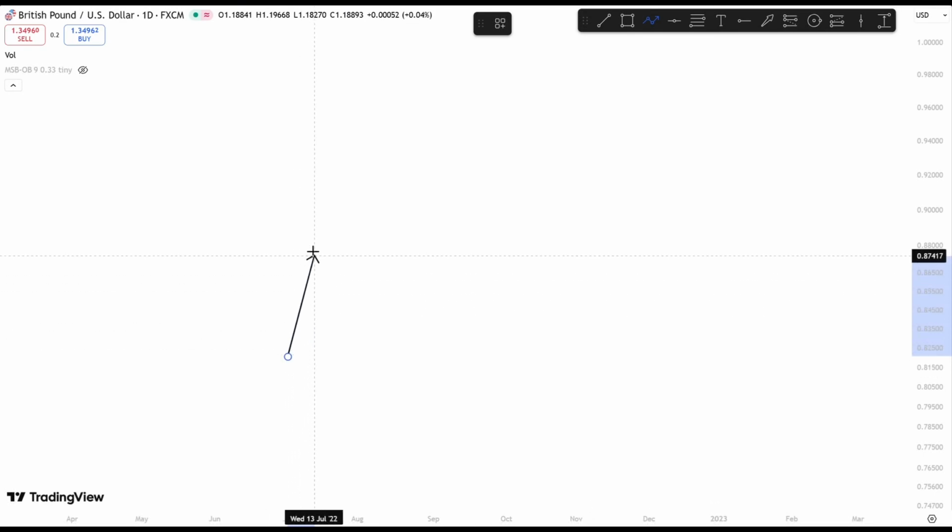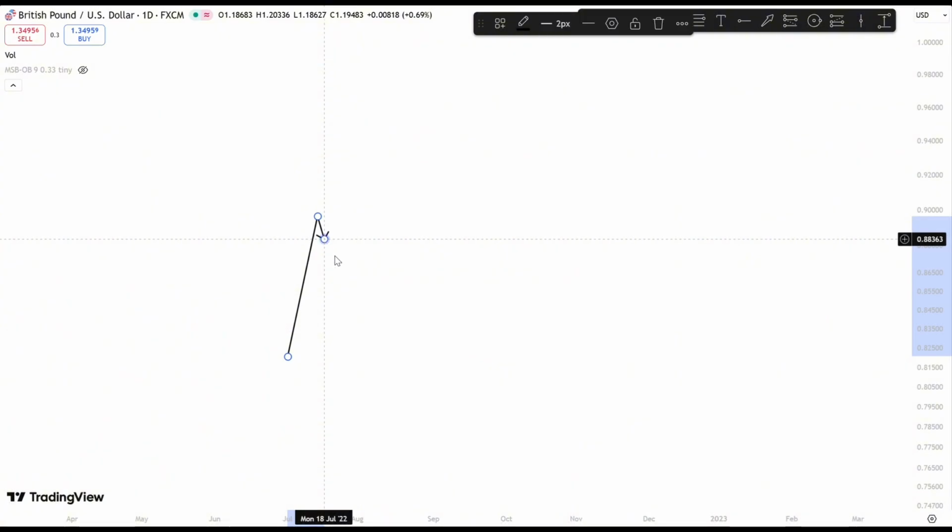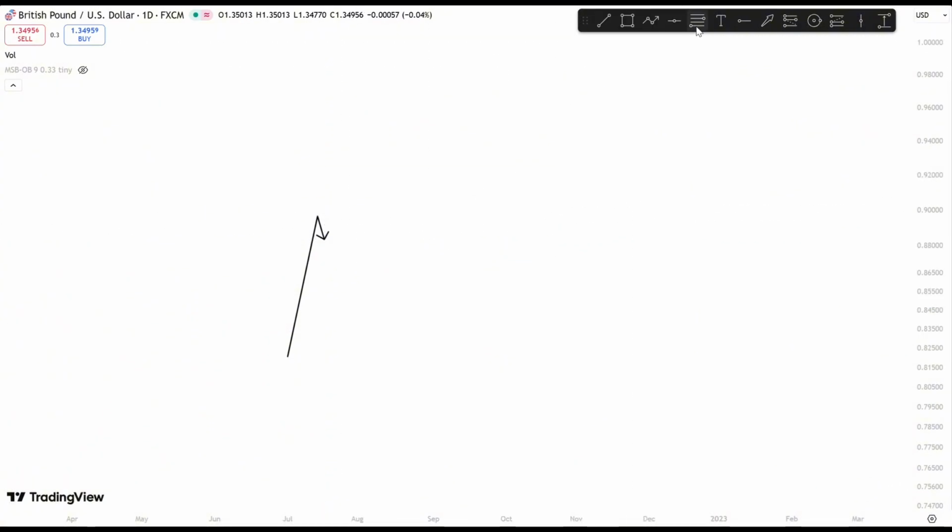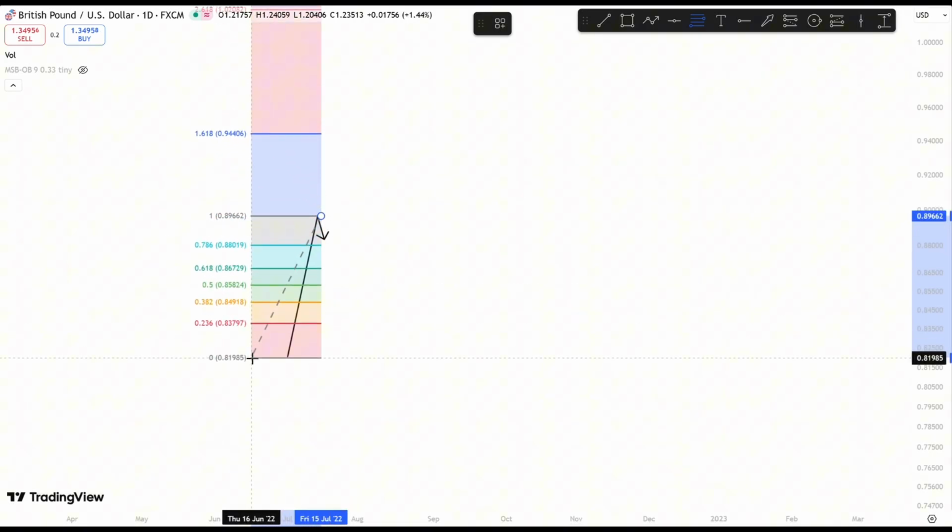If the trend is an uptrend, this is what I look for. When it gives its impulsive move, you look in the lower time frame for a lower time frame shift. Then when it gives the lower time frame shift, you take your Fibonacci from the top to the bottom, not the wick, just the bottom.